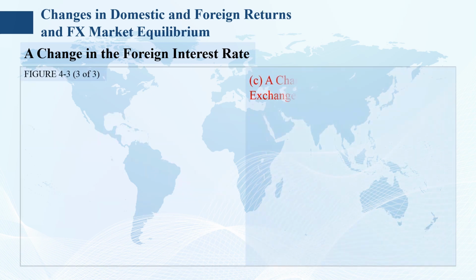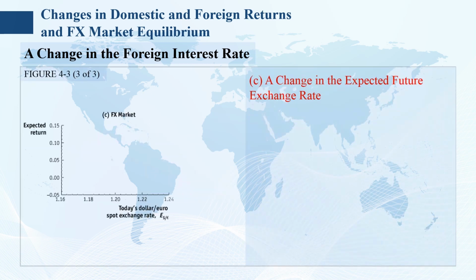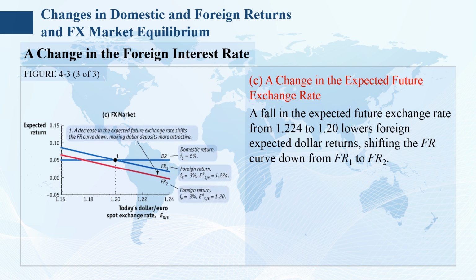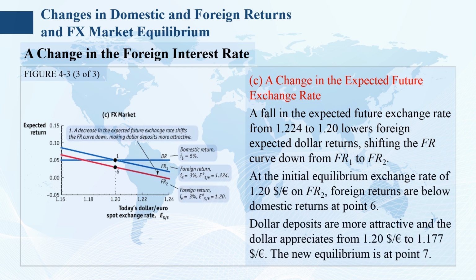Let's look at a change in the expected future exchange rate. In figure 4.3, panel C, a fall in the expected future exchange rate from 1.224 to 1.20 lowers foreign expected dollar returns, shifting the FR curve down from FR1 to FR2.